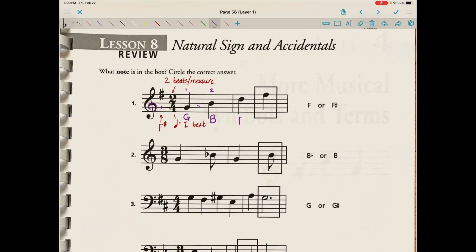And then we have a D here. We step up to E in the space, and so this final note is an F, but not just any F. It's an F sharp because of the sharp in the key signature. So this is an F sharp, therefore this is the correct answer.